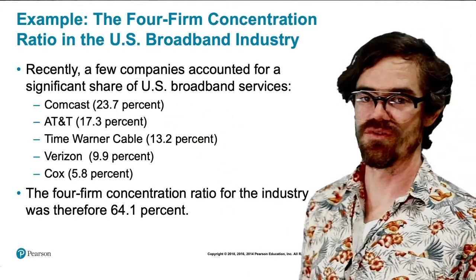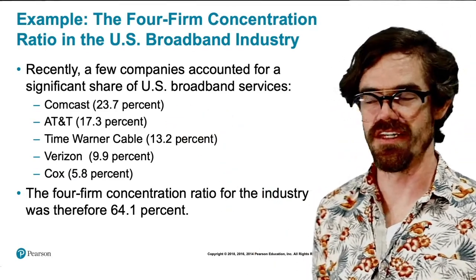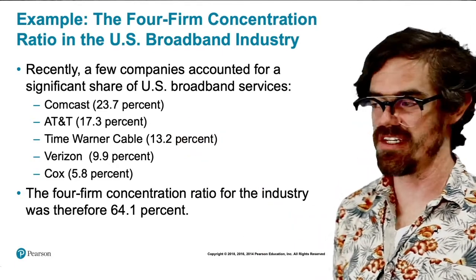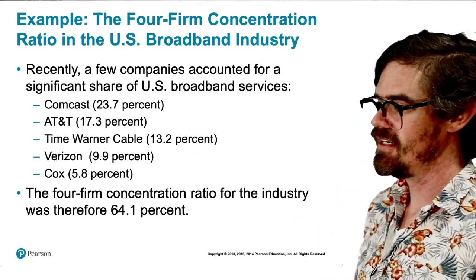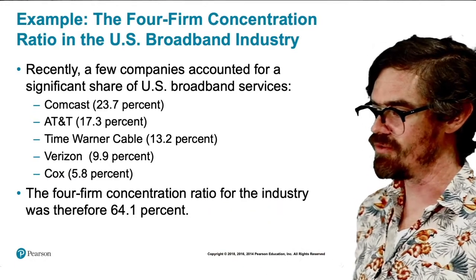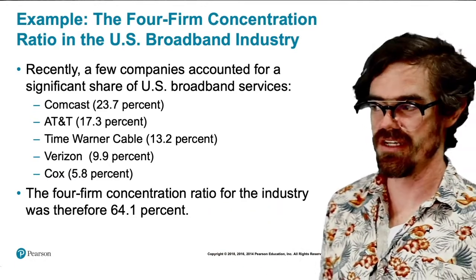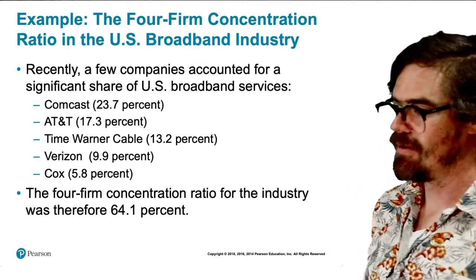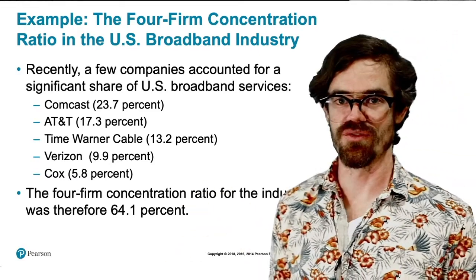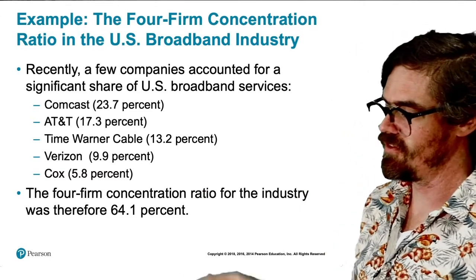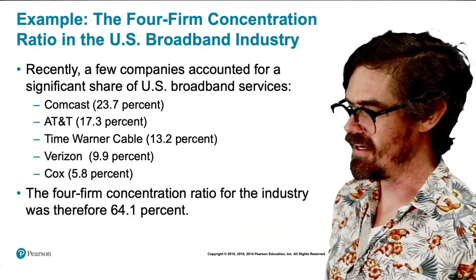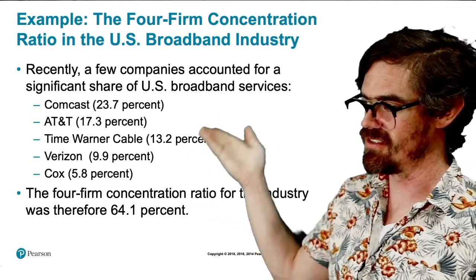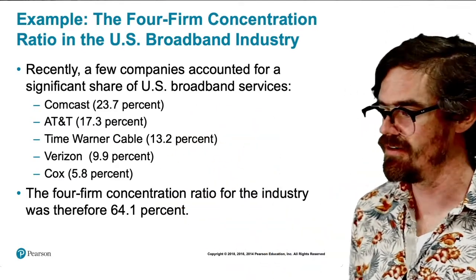Comcast accounts for almost 24% of the industry's sales, followed by AT&T with just over 17%, Time Warner Cable with over 13%, Verizon with almost 10%, and then Cox with almost 6% of the industry sales. If you added all these up, it wouldn't quite add up to 100, which means there are other businesses in this industry that we're not seeing here.